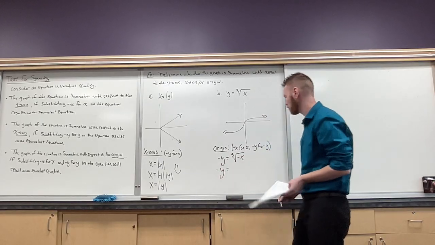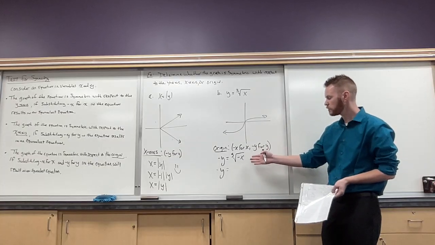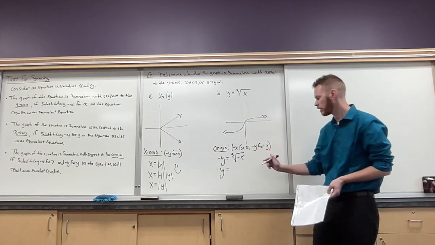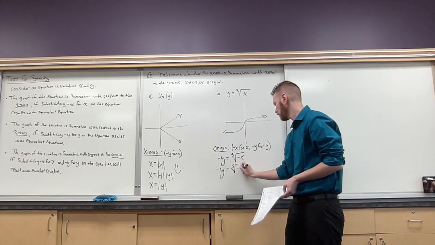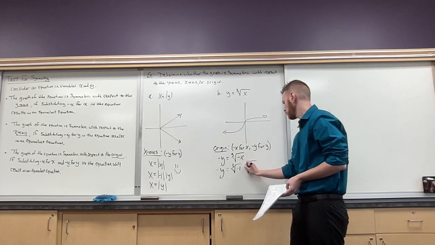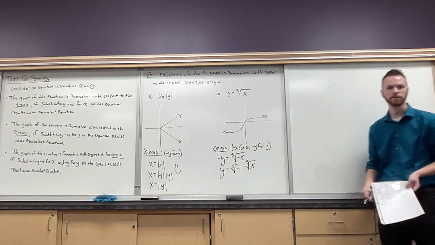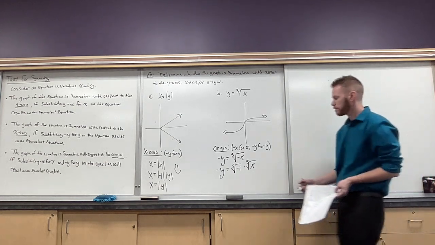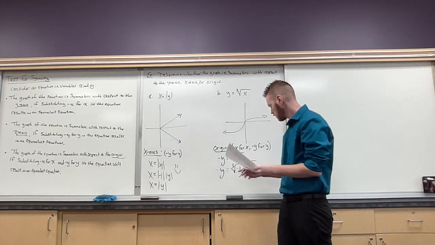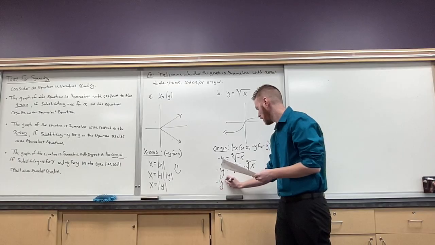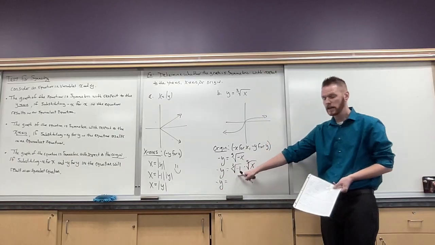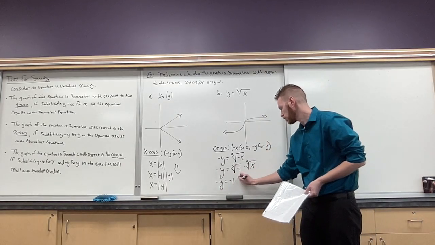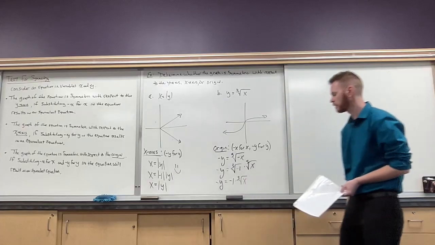Okay, negative y equals. Now, same thing with roots properties. I can split this apart to the cubic root of negative 1 times the cubic root of x. Okay? There's nothing wrong with that. That's a property that we use with roots. So looking at this, we get negative y equals the cubic root of negative 1, which is negative 1, times the cubic root of x.